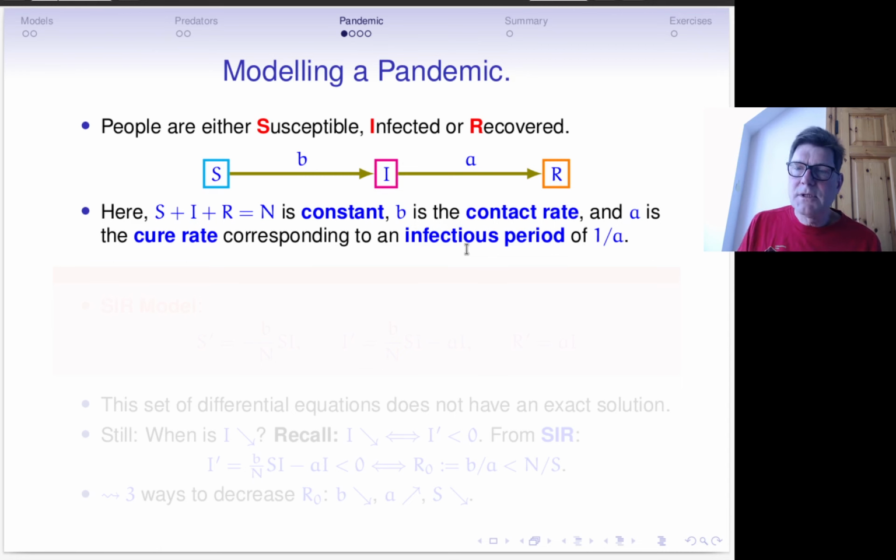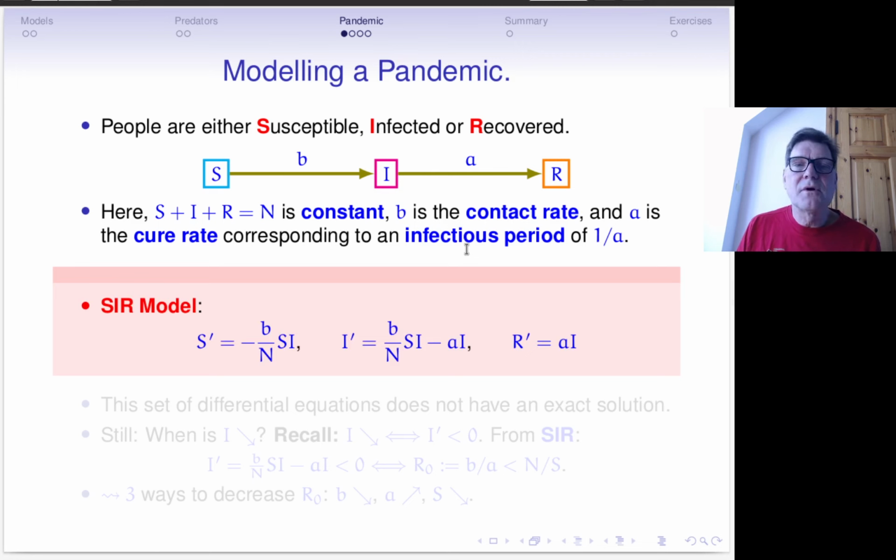And similar to the model we looked at before, the predator-prey situation, where we had two differential equations describing how the two populations interact with each other, here we have three differential equations describing how these three classes inside the population interact with each other, in the sense that people transition from the S class into the I class, and then they transition from the I class into the R class.